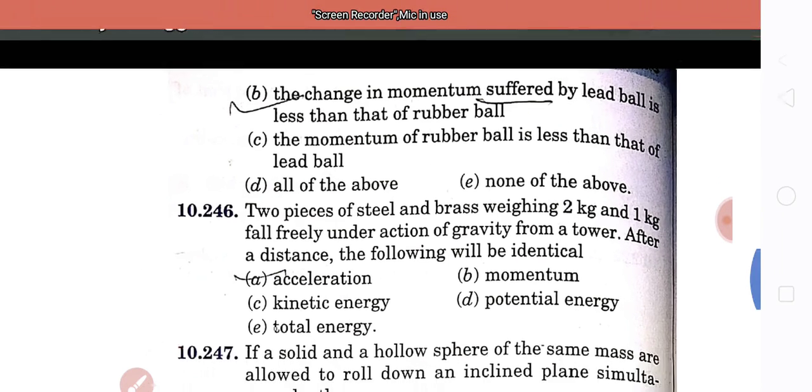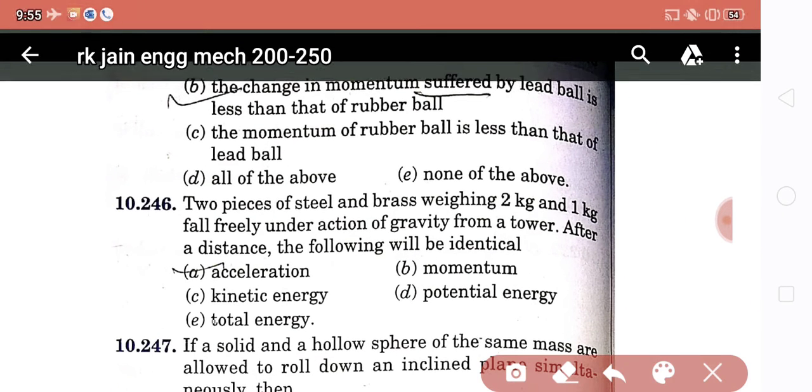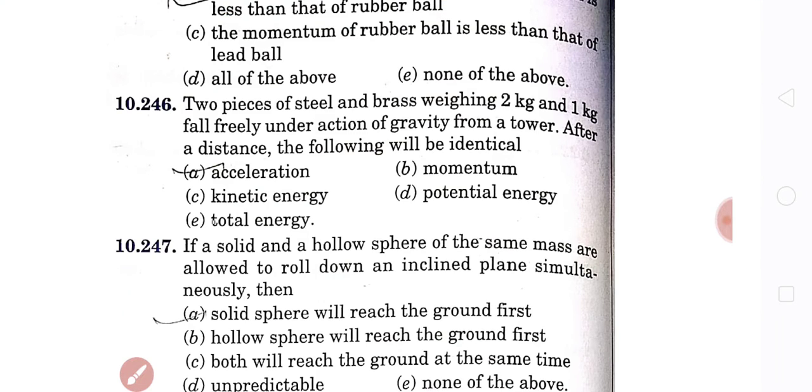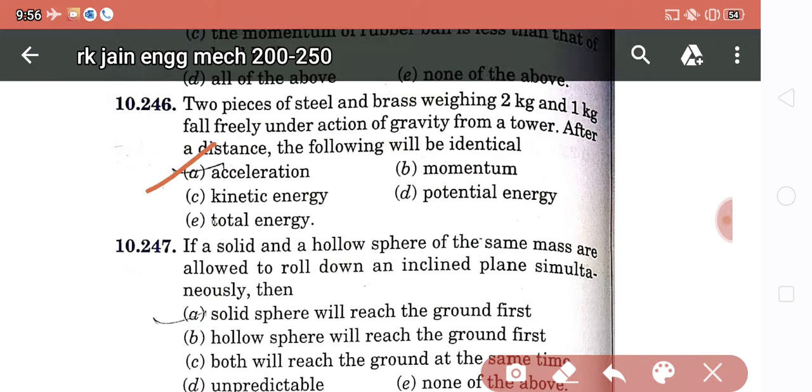Answer will be B. It is also a repeated question. Next, two pieces of steel and brass weighing 2 kg and 1 kg fall freely under the action of gravity from a tower. After a distance, the following will be identical: acceleration. The value of g, gravitational acceleration, is constant.